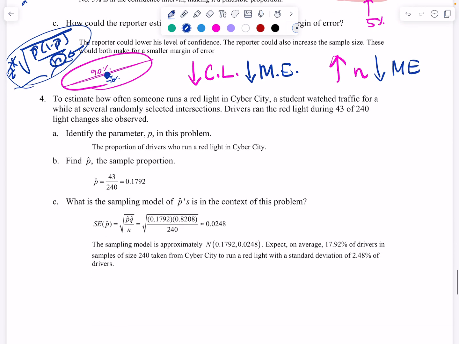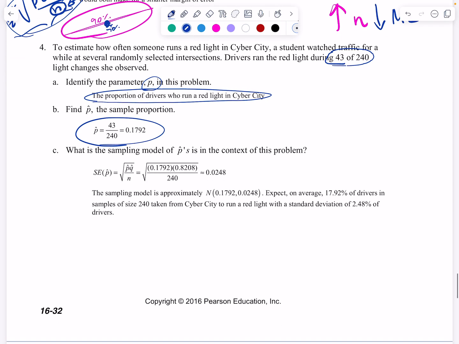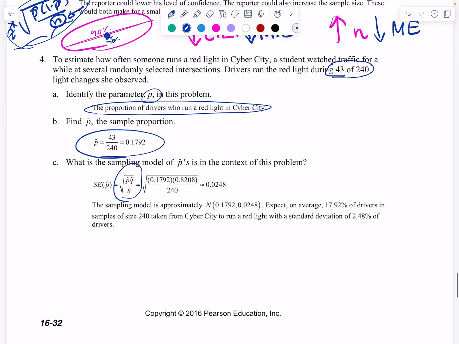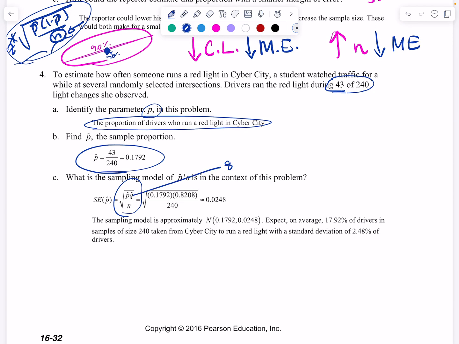Okay, this one here is just having you go ahead and walk through a problem. So this says drivers during a red light ran 43 out of 240 times. That's your p hat. And then the p, the parameter, as I told you, it's just going to be in words what you're studying. And then the standard error is just going to be this formula, square root of p hat q hat over n, which q hat, by the way, remember, is just 1 minus p hat.